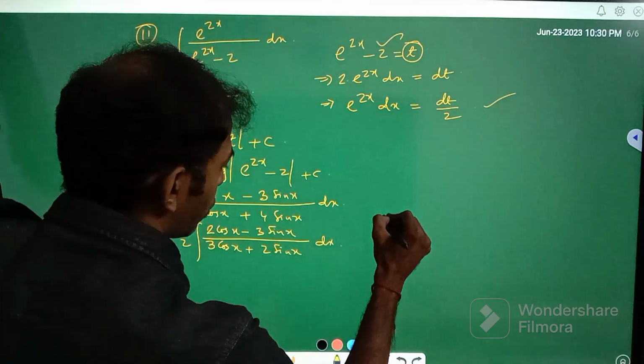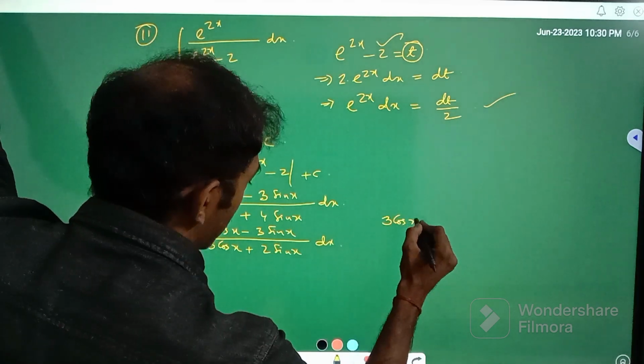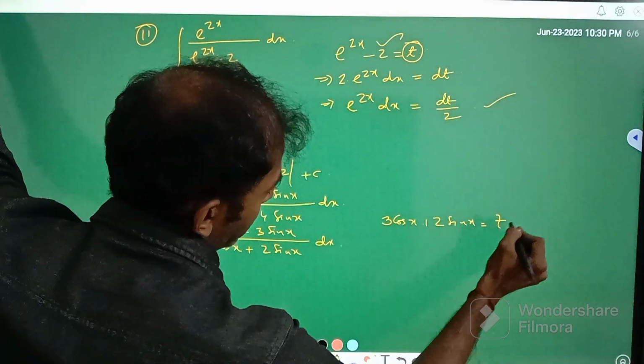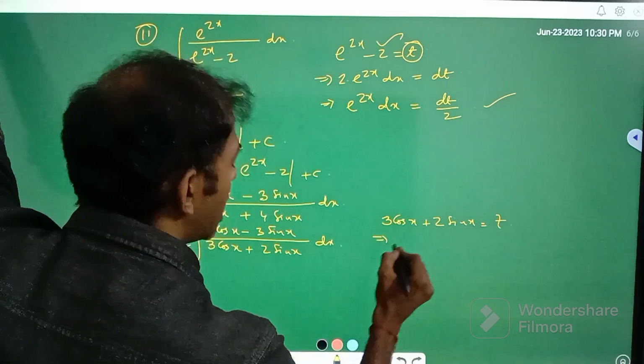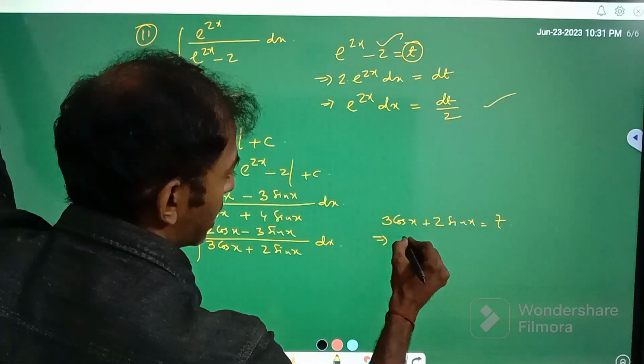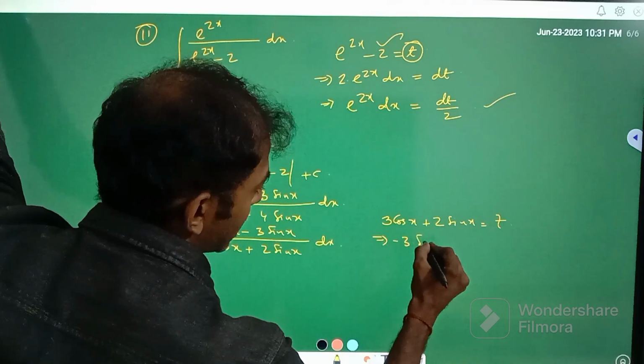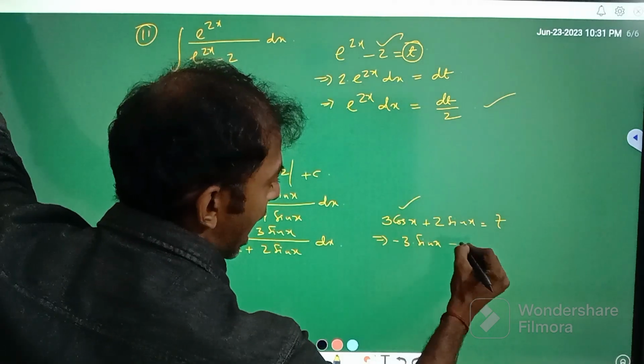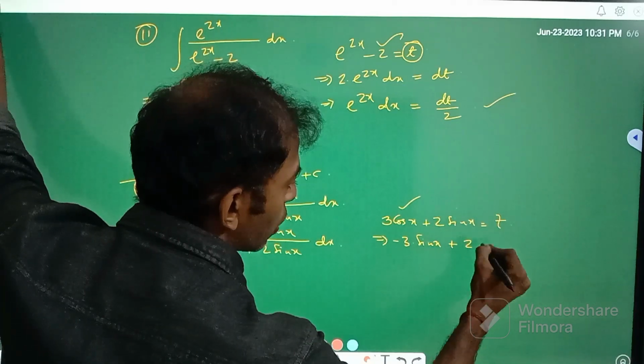You need to consider 3 cos x plus 2 sin x as t, again the same format, and you need to differentiate it, and the result will be the same, minus 3 sin x, because differentiation of cos x is always minus sin x and differentiation of sin x is cos x.